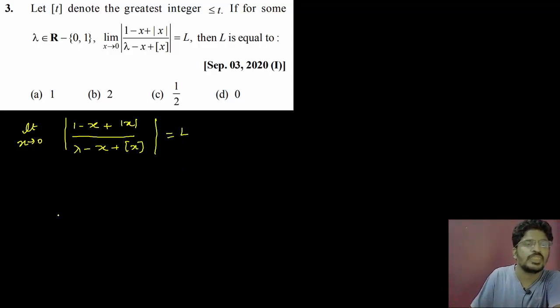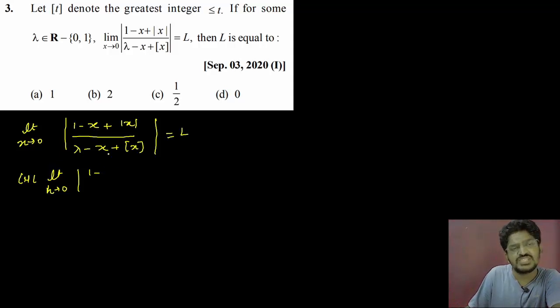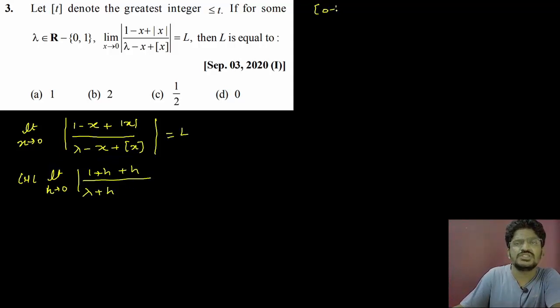Very good, no problem. Now let us find the LHL, that is limit h tending to 0. In place of x you have to write 0 minus h, so 1 minus (0 minus h) will be 1 plus h, and mod of minus h is plus h, divided by lambda minus the greatest integer of 0 minus h.